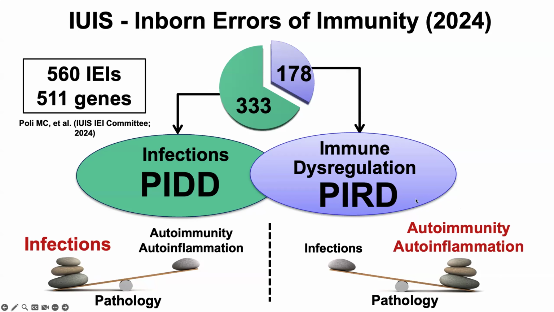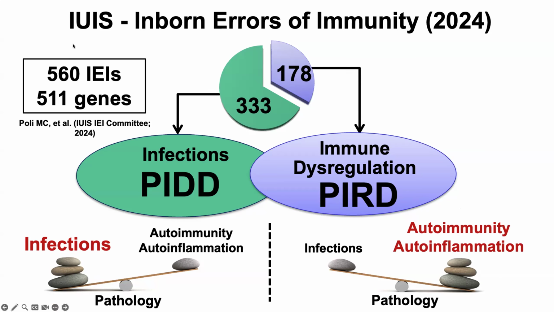Again, the brakes that I told you get applied when the immune system gets activated. Anything that causes the immune system to get hyperactivated, like the accelerator getting stuck, or the brakes not working, or the resolution phase not working, these are the sorts of genes that fall in here.